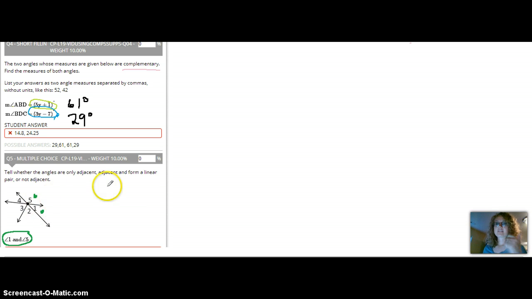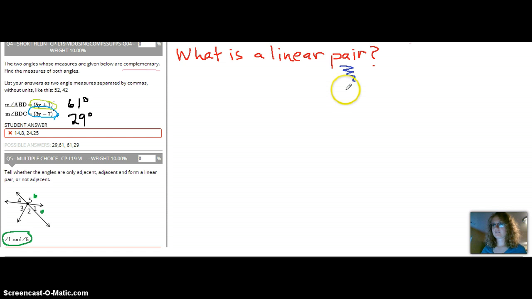That's the first part. The second part is, do they form a linear pair? So we need to know, what is a linear pair? Well, let's first think of this word pair. How many things are going to be involved when we're talking about a pair?